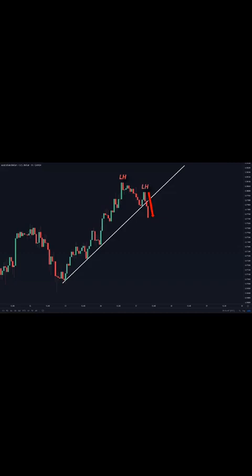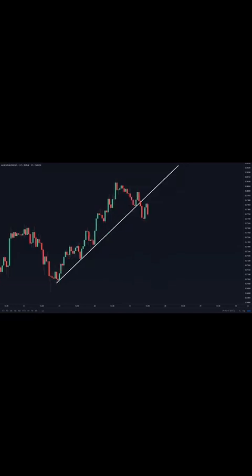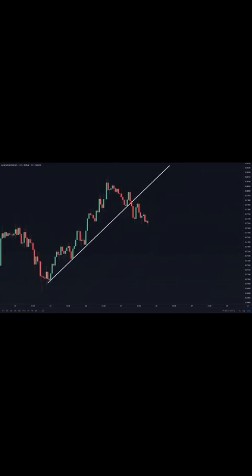So this indicates that the upwards buying pressure is weakening and that sellers are starting to push back. But again, don't take any positions yet, because remember, the overall trend is still an uptrend, so we still need further confirmation. Next, we can see that the price tried pushing back up and failed. Now notice what the price is currently forming. It formed lower highs and lower lows, which means we now have a current downtrend.